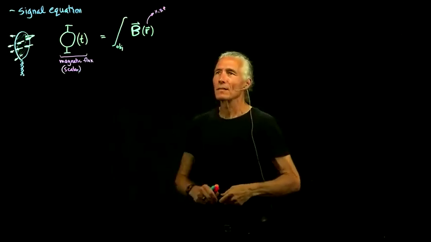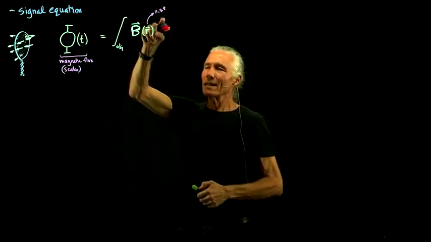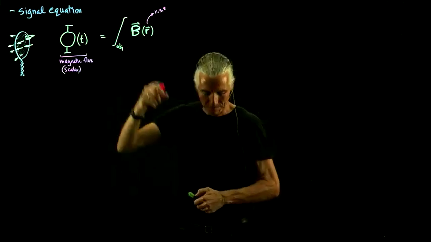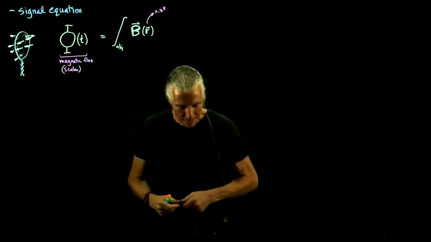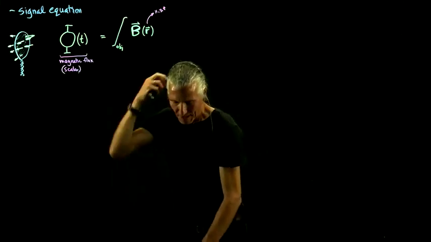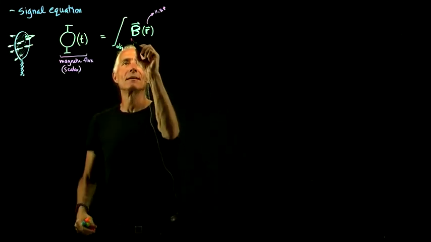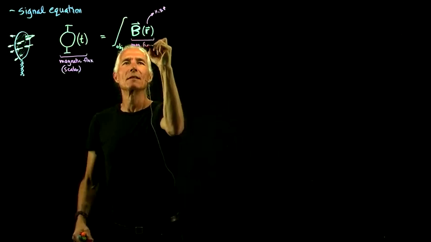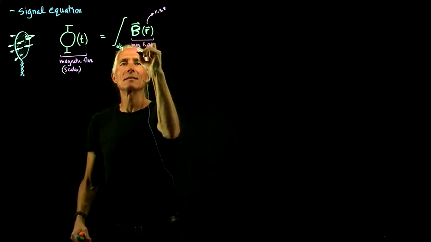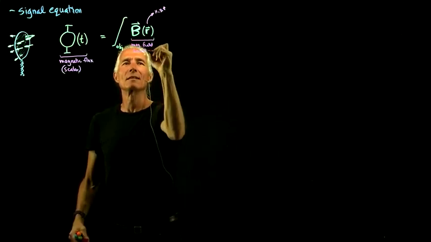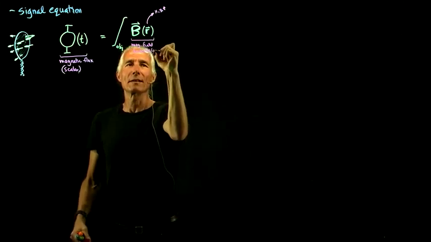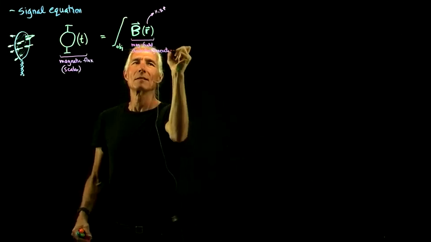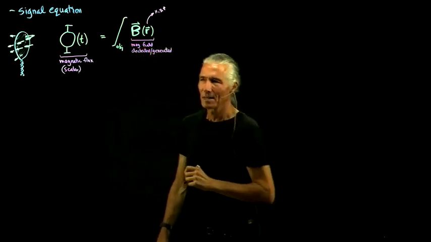So we just went to each point in space, and there's a vector at that point in space, the B vector. And what is that? That's the magnetic field, either detected or generated. It kind of goes both ways.